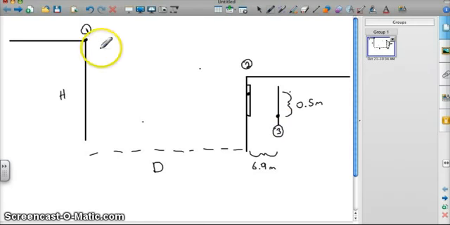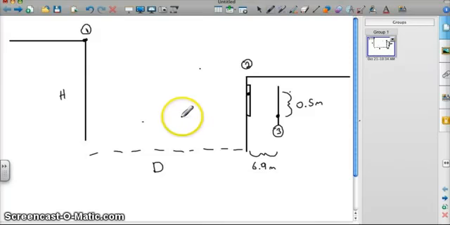Because we've got 3 different things going on in the problem, it would be a little bit confusing to use initial and finals. So we're just going to use 1, 2, and 3 to split the problem up into 2 segments. Okay, so that's all the information we have.